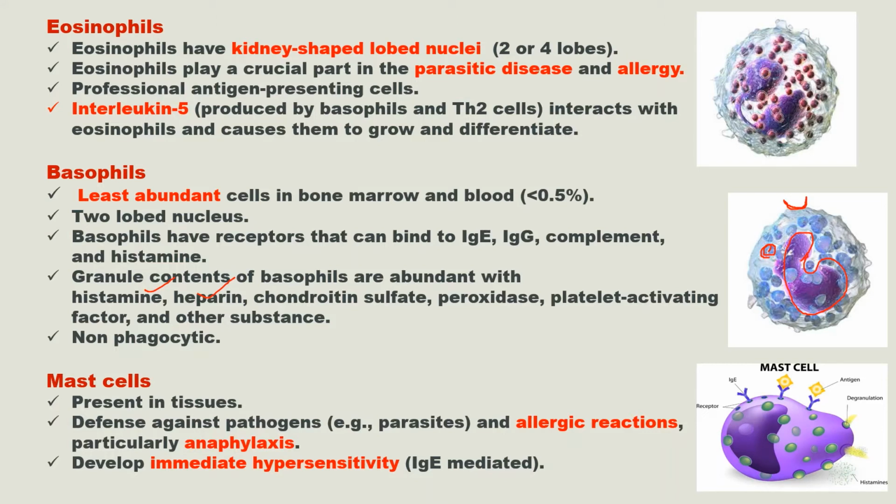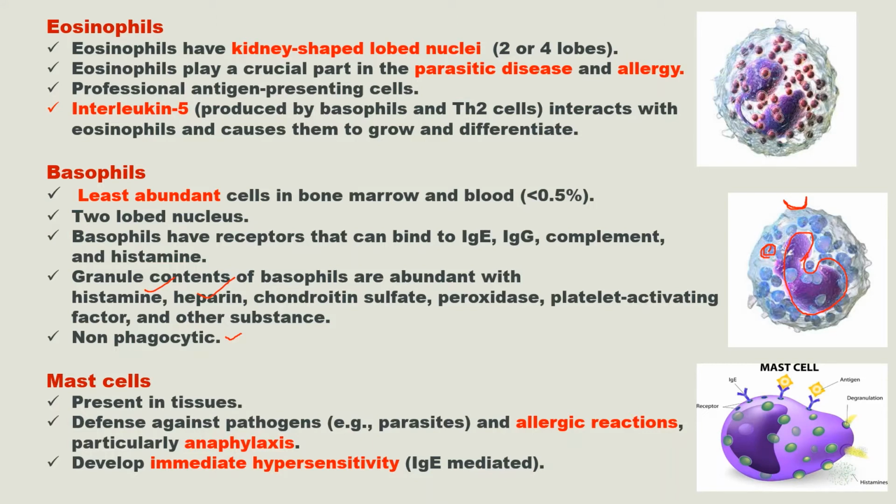Okay. Next is mast cell, present in tissue. Mast cell is a tissue-based inflammatory cell. Defense against pathogens, for example parasites, and allergic reactions, particularly anaphylaxis. Anaphylaxis means it is an allergic reaction, but it is very severe. And it develops immediate hypersensitivity.